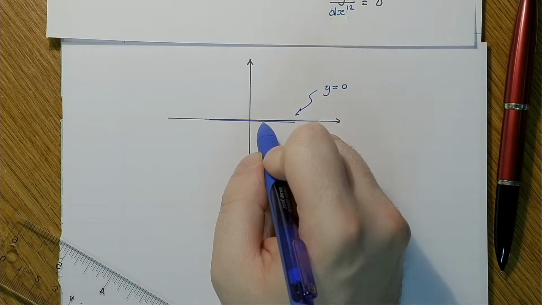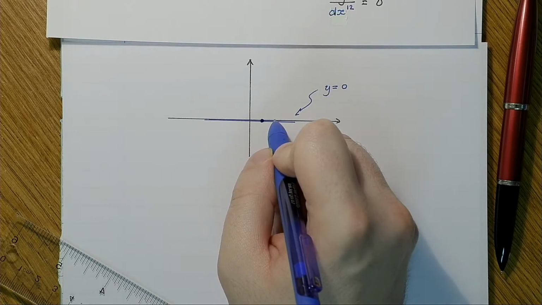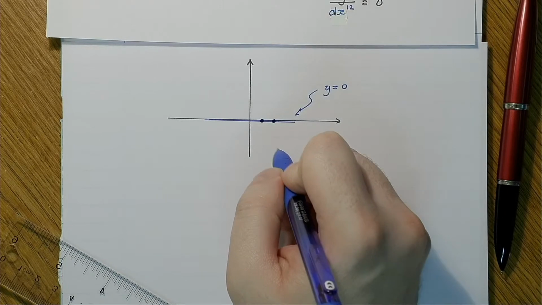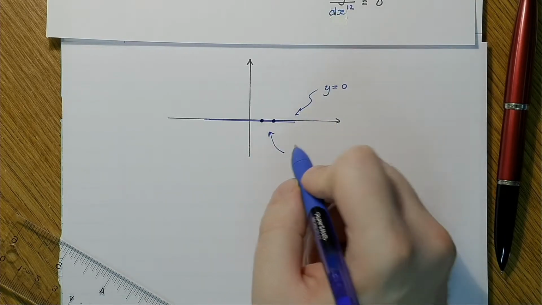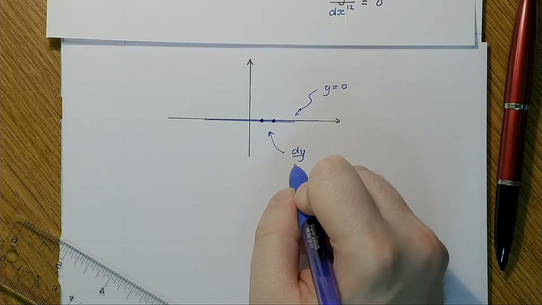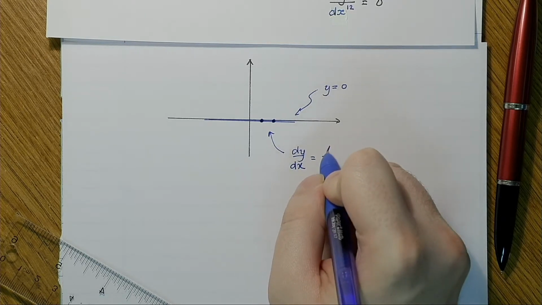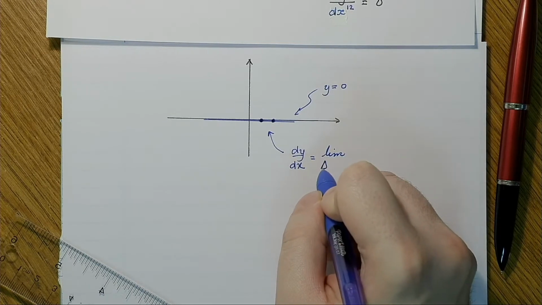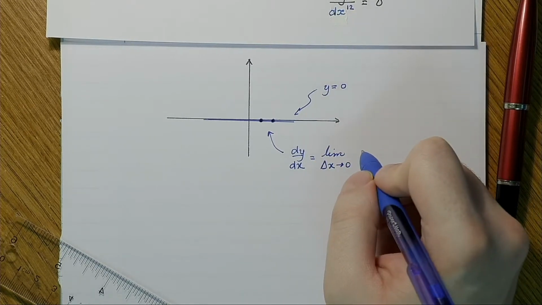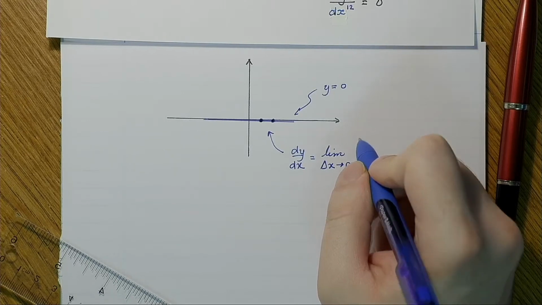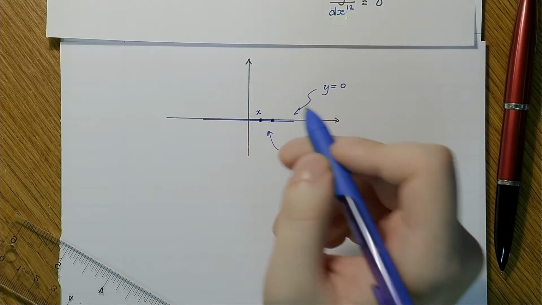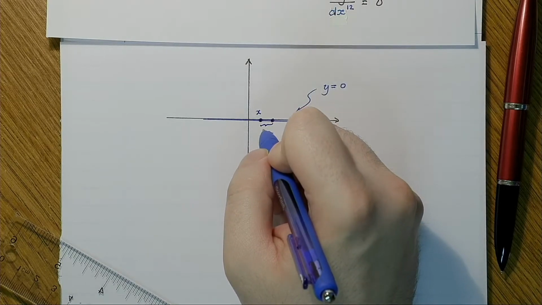So picking two values here, if I wanted to take the derivative, I have 2 points here. Taking the derivative, my limit of, say, we'll call this x, here's my delta x.